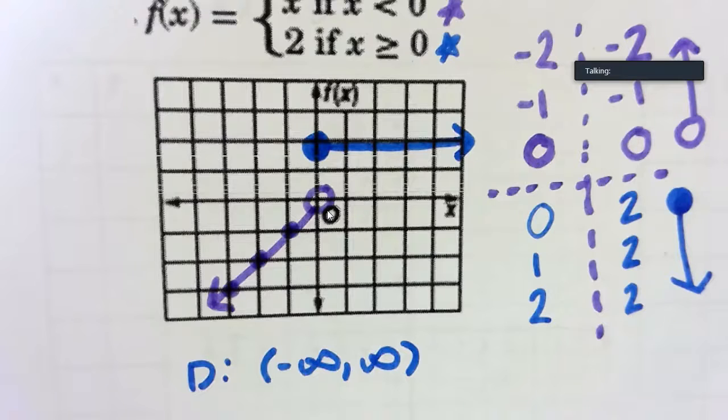So no, that's a fair question. It's very hard to explain. Basically it would be like if I was walking and I get really close to where I want to go, and then all of a sudden I decide I'm going to jump to 2.